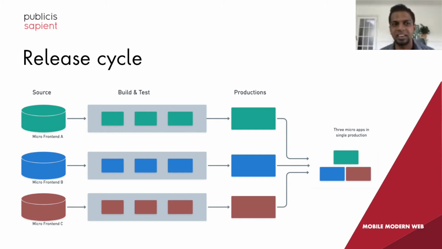As you see on the screen, you would want multiple micro frontends, and they should be able to build and test themselves in isolation, not as a monolith with the other micro frontends, and they get stitched or composed at a later point in time when it goes into production. So getting this release cycle right is really important for your micro frontend implementation.